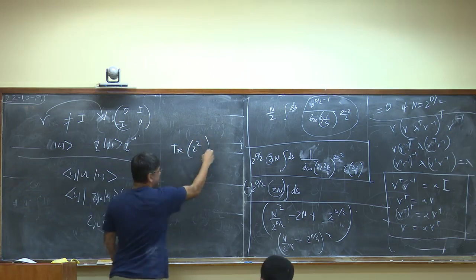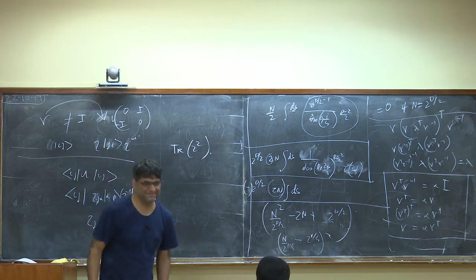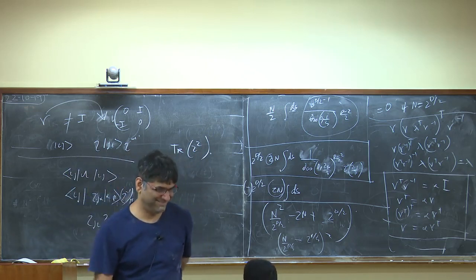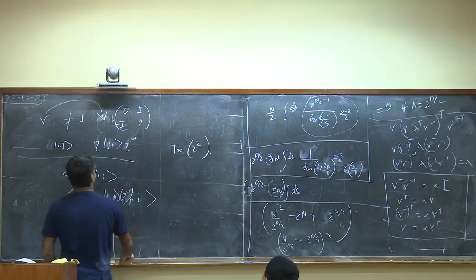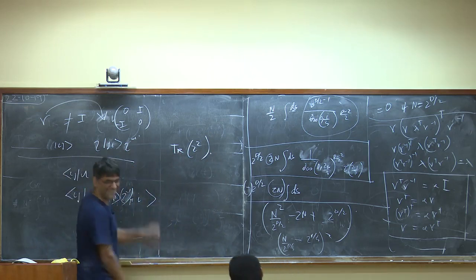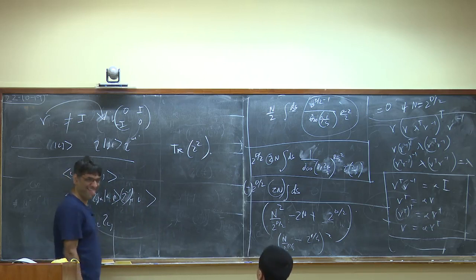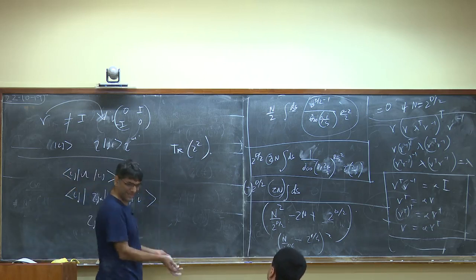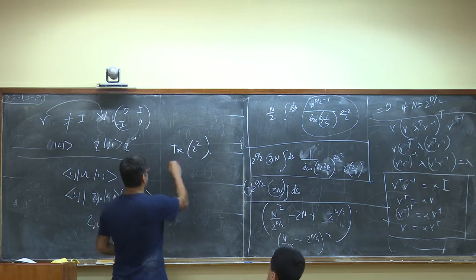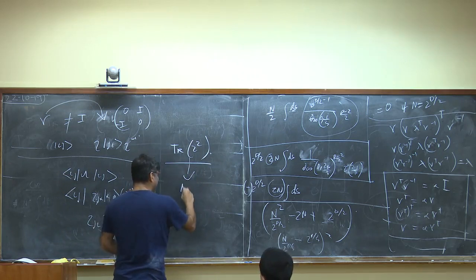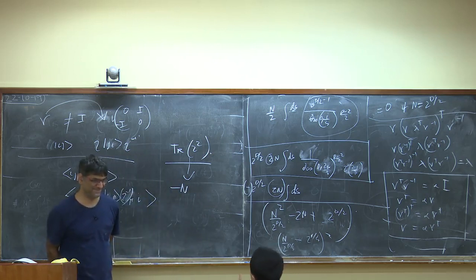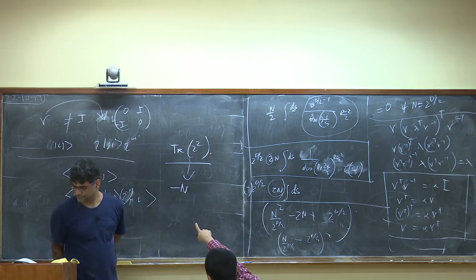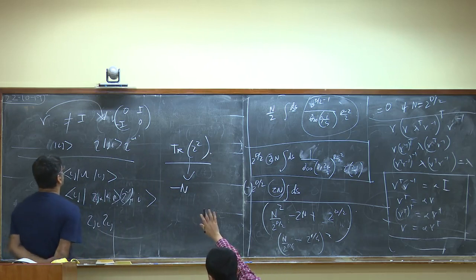Of eta square. But eta square is minus 1. So eta square is minus 1, and therefore this quantity, instead of being n as before, goes to minus n. No, I mean, eta is something like the sigma 2 matrix, let's say in 2 dimensions.